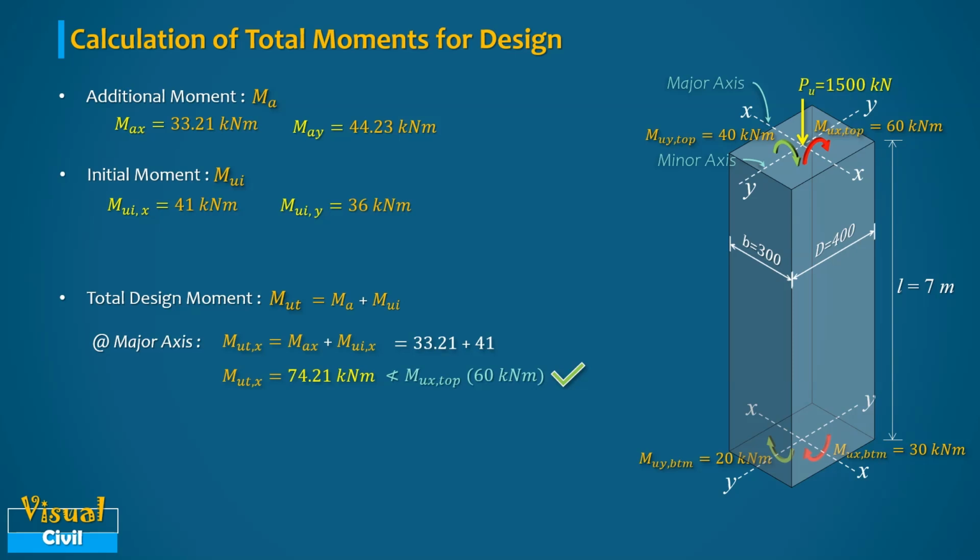Similarly, the total design moment about the minor axis, denoted as MUTY, equals 80.23 kilonewton meter. Again, this exceeds the larger moment of 40 kilonewton meter at the top about the minor axis.